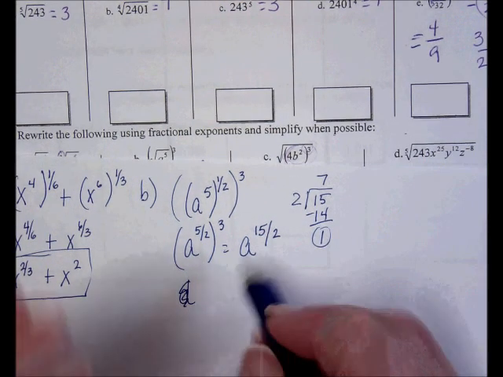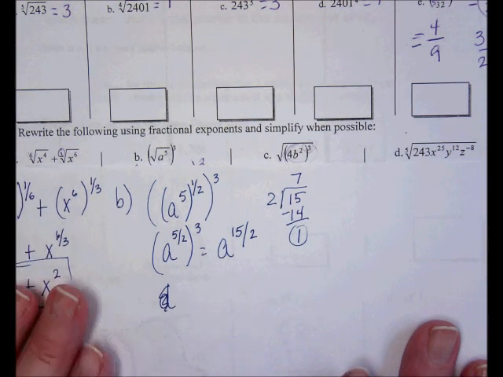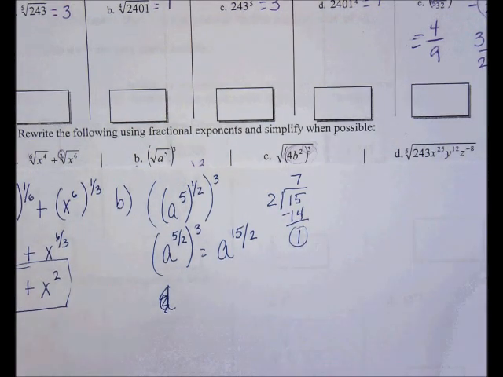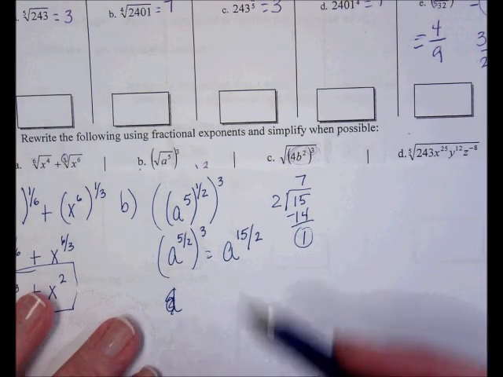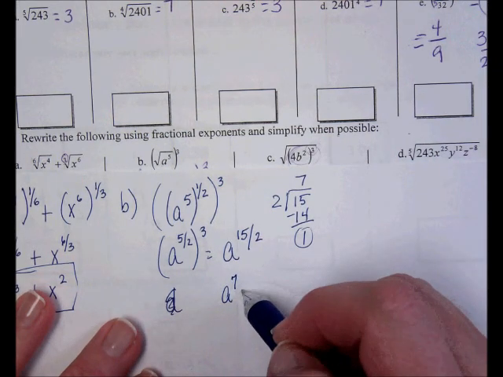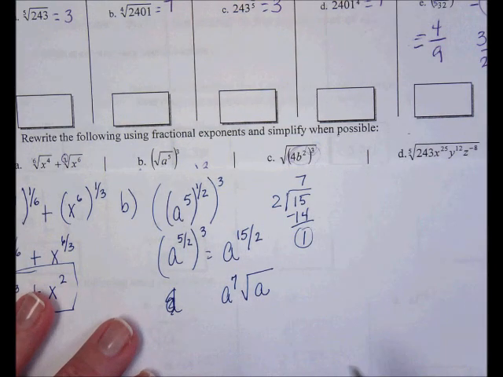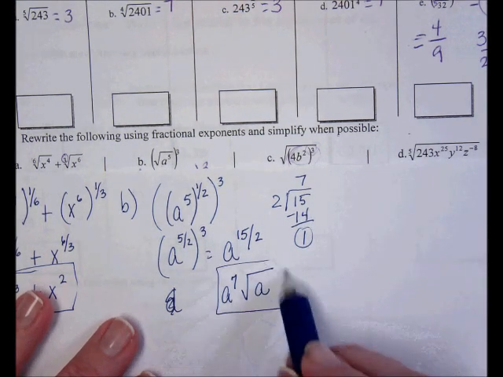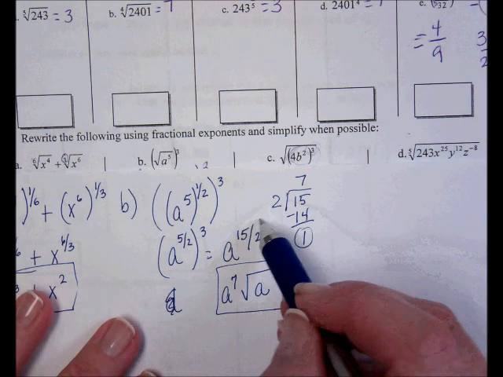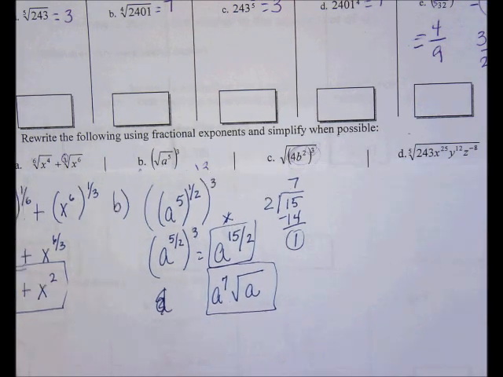I'm not going to rewrite this because it tells me to take it from a radical to a fractional exponent, but if I was going to simplify this all the way and take it back to a radical, I would have a to the 7th and take the square root of a. That's what it would look like in simplified radical form. But the first form is the actual answer that they're looking for in this case.